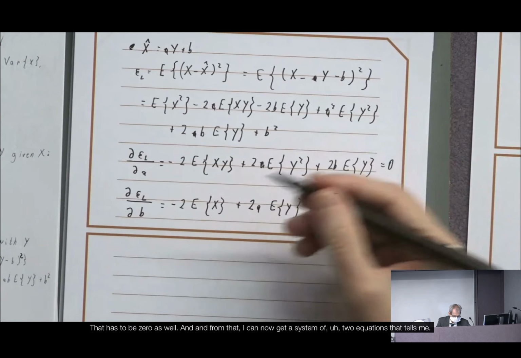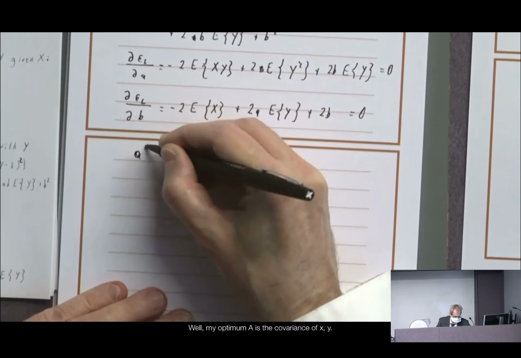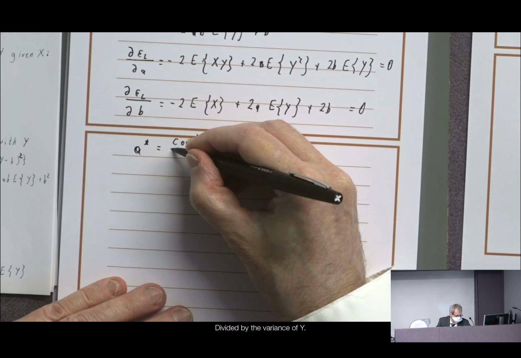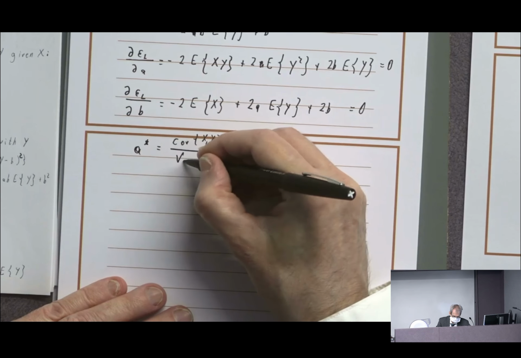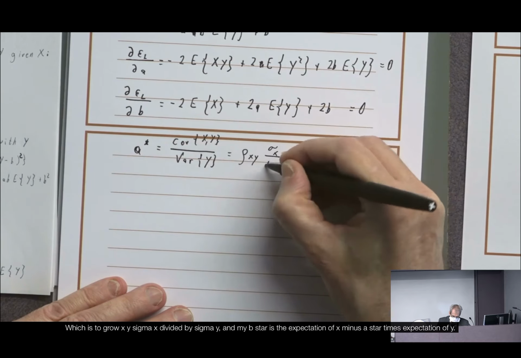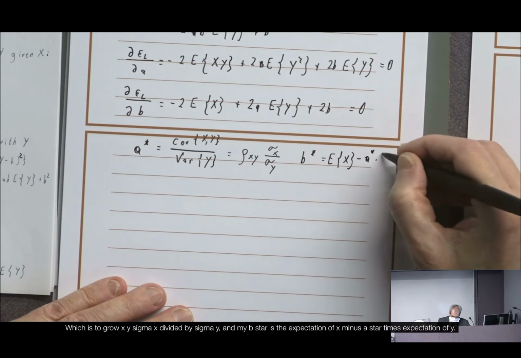From that, I can now get a system of two equations that tells me my optimum A is the covariance of xy divided by the variance of y, which is rho xy sigma x divided by sigma y. And then my B star is the expectation of x minus A star times the expectation of y.